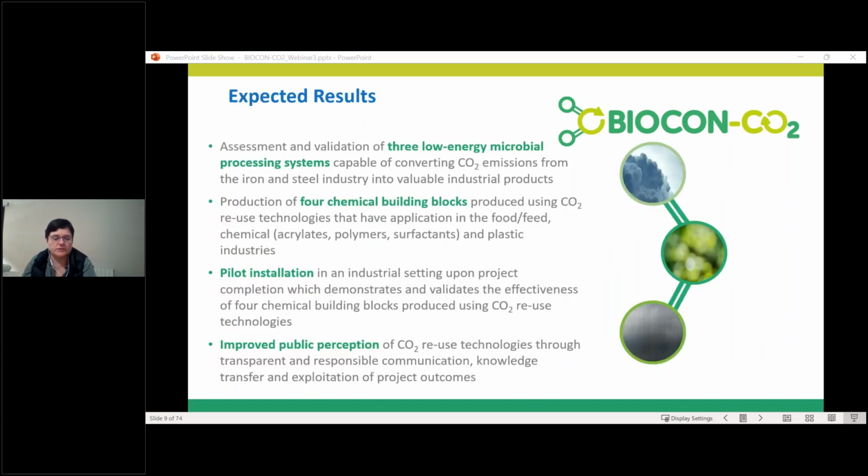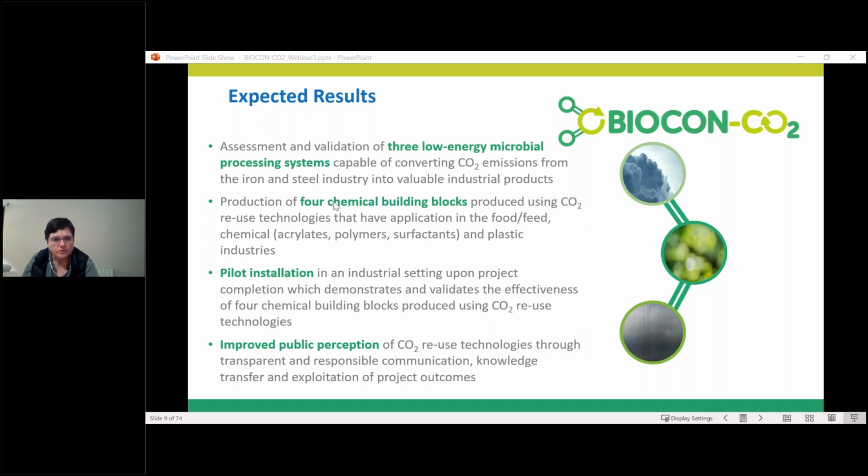So the expected results that we expect to achieve at the end of the project is to assess and validate 3 different processing systems using biotech. As I mentioned, we have 3 different production systems, one based on aerobic bacteria, another on anaerobic bacteria, and also enzymes, in order to convert these CO2 emissions from the iron and steel industry into valuable industrial products.